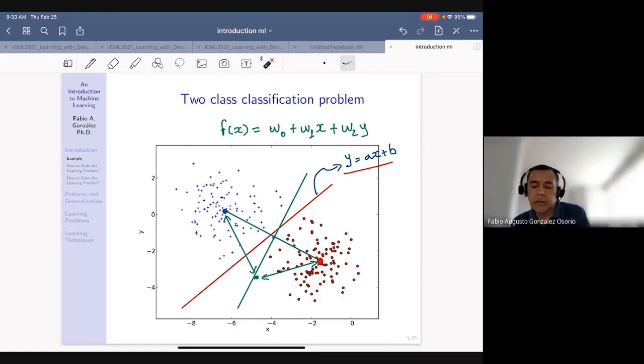No, this is not a vector. This is a scalar. This is x, and this is y. So what I'm asking is, I give you W0, W1, and W2, and I want to get A and B. How do you get it?